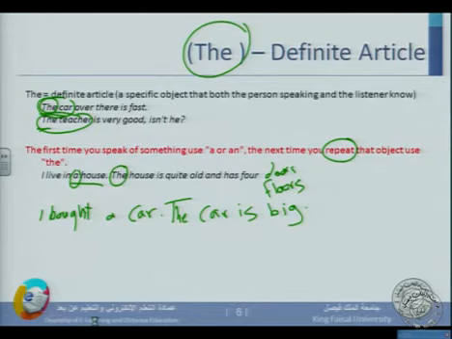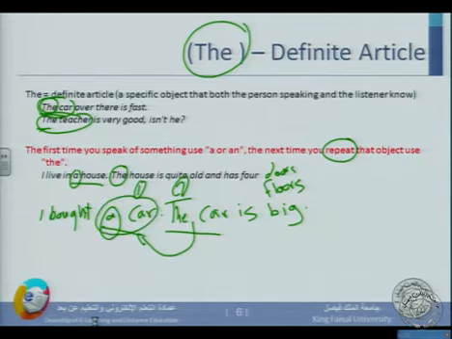See, the first time I've used a car, I used a. The next time, هذه المرة الأولى، المرة الثانية لما استخدمتها أضفت the car is big، لأنه احنا عارفين الآن عن أي سيارة أنت بتحكي، بينما في البداية ما بنعرف أي سيارة. So if I ask you which car you've bought, أي سيارة اشتريت، تقول له the big car، سيارة كبيرة.